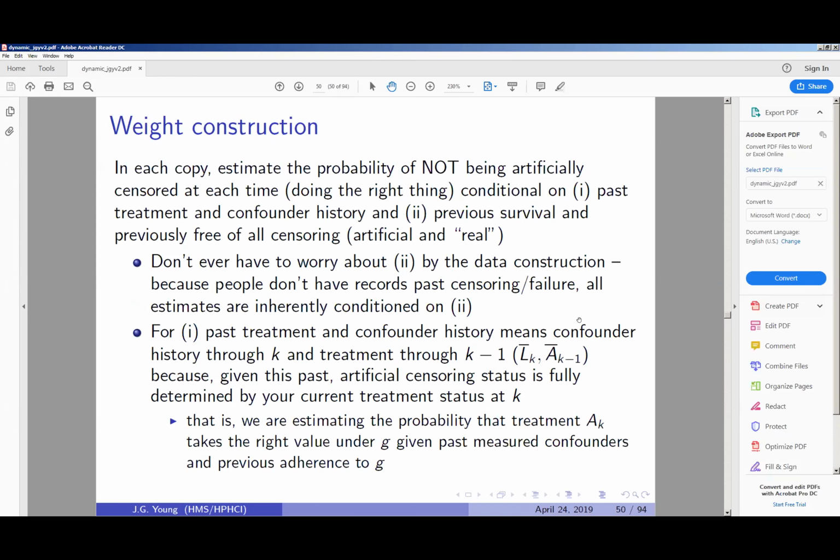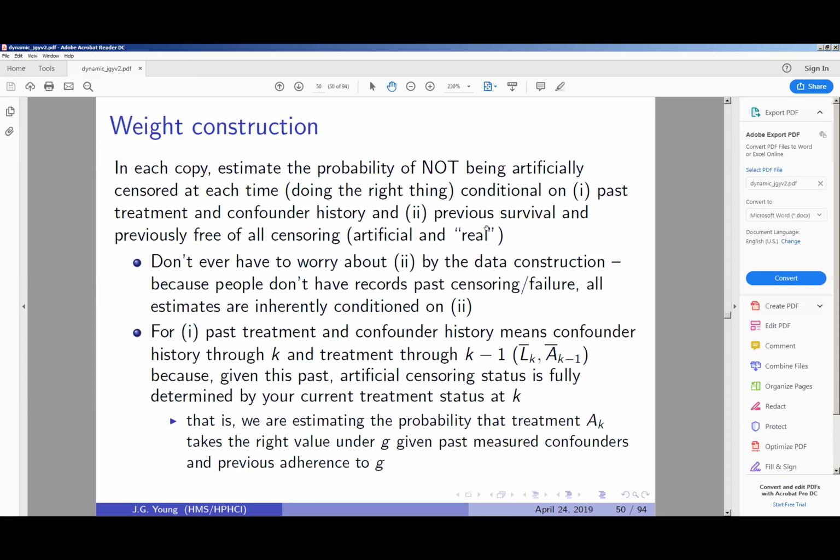So we actually don't have to actively worry about conditioning on that, by the way we constructed our input data set, because we've tossed people as soon as they fail and as soon as they're censored, right? That's implicitly conditioning all later computations on that.